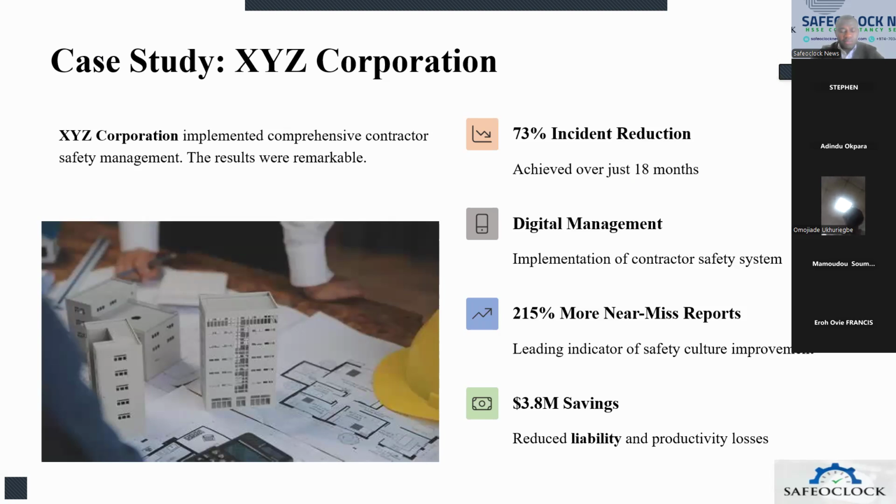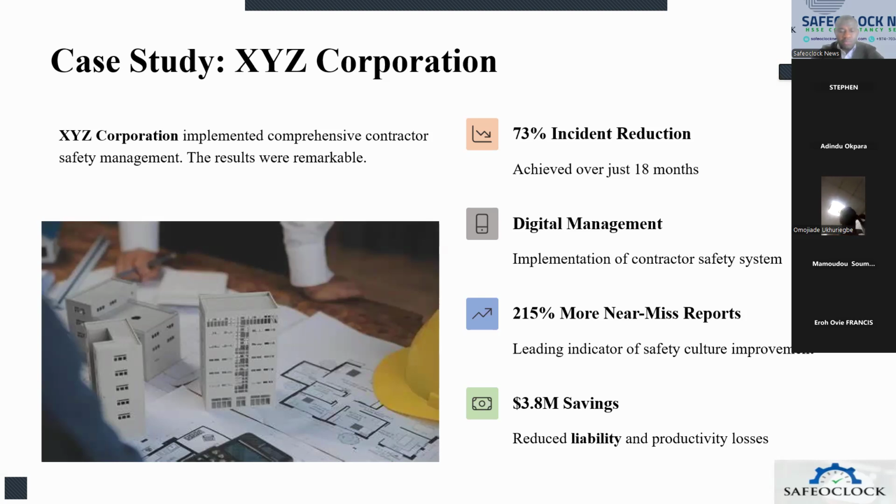And about 215% more near miss reporting, because the more you report near misses, which is a form of leading indicator of safety culture improvement, it gives you an avenue to make some corrections, preventing accidents in the future. When you have more near miss reporting, it helps you foresee the unforeseeable factors that could lead to accidents on site.